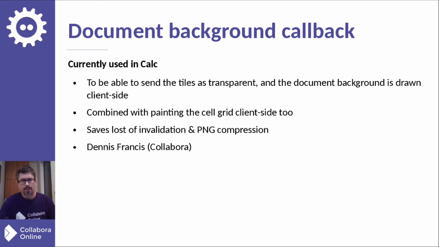It used to be that the tiles contained even the grid of the cells, but it was leading to lots of bitmaps that had to be transferred from the server to the clients, and we have changed it so that the grid is specified only once as JSON, as a data structure, and then the tiles themselves contain only the text, what should be in the cells, and the grid is painted client side.